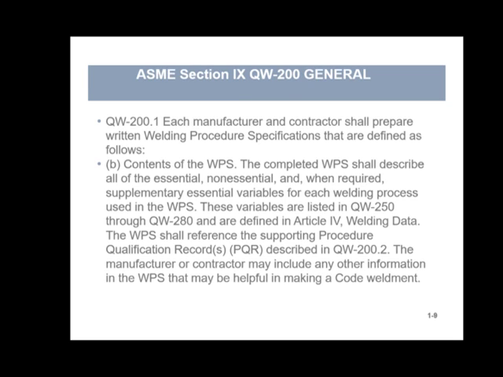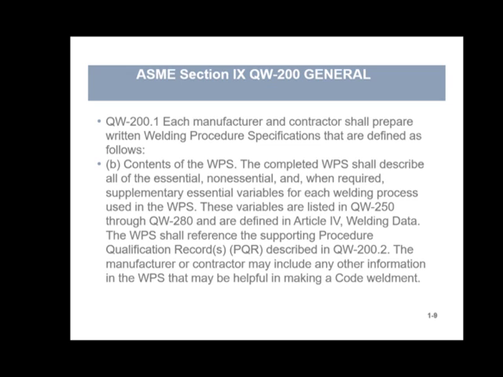The completed WPS shall describe all the essential, non-essential, and when required, supplementary essential variables for each welding process used in the WPS. These variables are listed in QW 250 through QW 280 and are defined in Article 4, Welding Data. The WPS shall reference the supporting procedure qualification records, PQRs, described in QW 200.2.